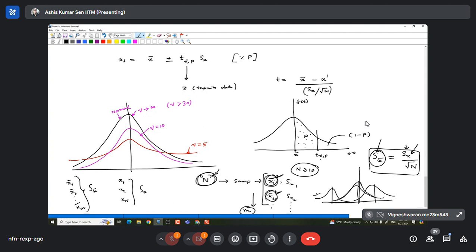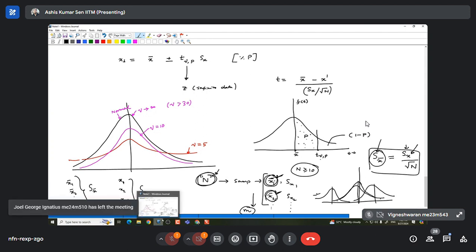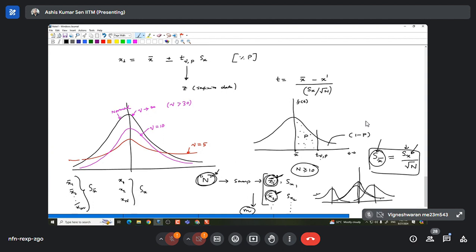The mean value of each of these m different data sets will also exhibit a normal distribution trend. So if they exhibit a normal distribution trend, they will also have some standard deviation, as I said here. Right?